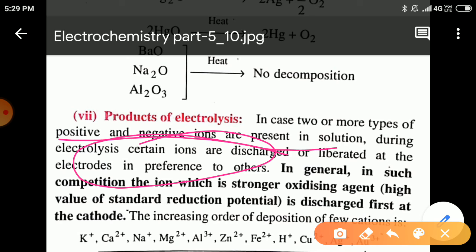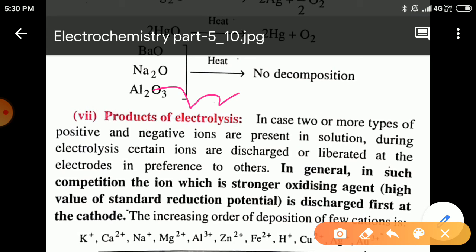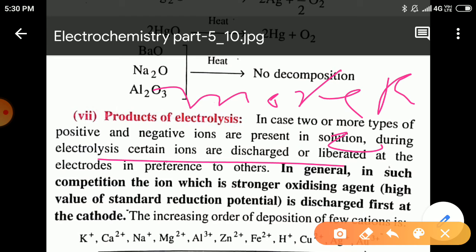In general, in such competition, the ion which is the stronger oxidizing agent, that is, has a high value of standard reduction potential, is discharged first at the cathode. Means in short, the chemical species with more reduction potential is discharged at the cathode, and that with less reduction potential migrates to the anode.